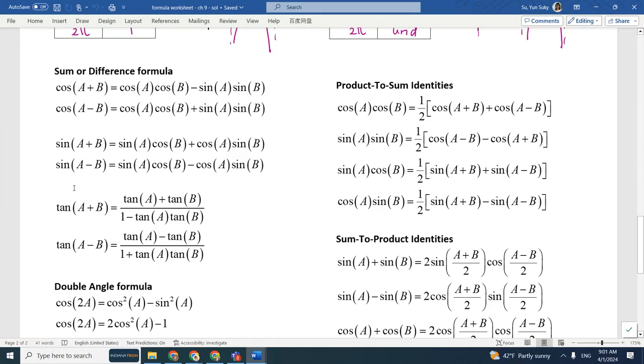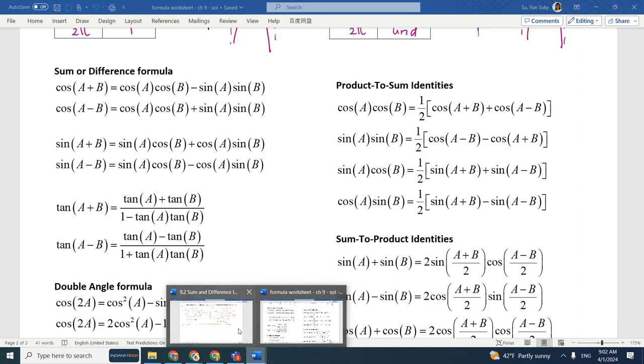Those three are enough, because cotangent is the reciprocal of tangent, secant is the reciprocal of cosine, and cosecant is the reciprocal of sine. That's why you only need to know how to compute the sum or difference formula of sine, cosine, and tangent, and then you can solve any problem of this kind.